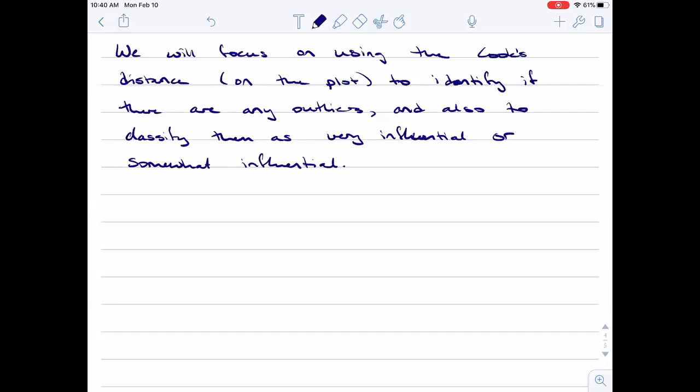We had to talk about the others because Cook's distance takes them both into account. Right? But now that we've got Cook's distance, we can just focus on Cook's distance and use that.